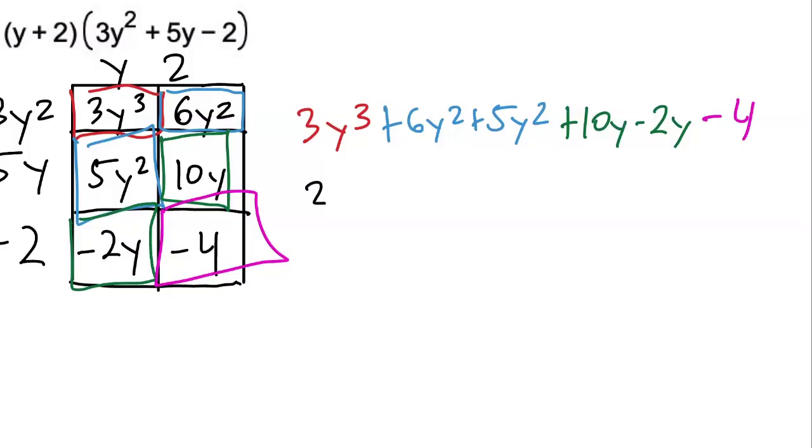So there's nothing to combine with 3y cubed, so that stays. But 6y squared and 5y squared combine to 11y squared. Positive 10y minus 2y is positive 8y, and then the −4 just comes on down.